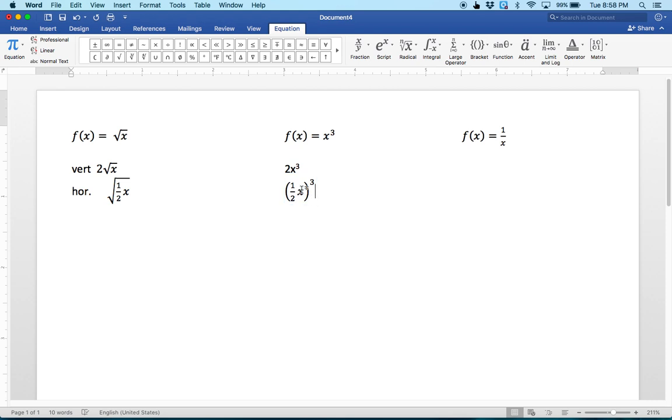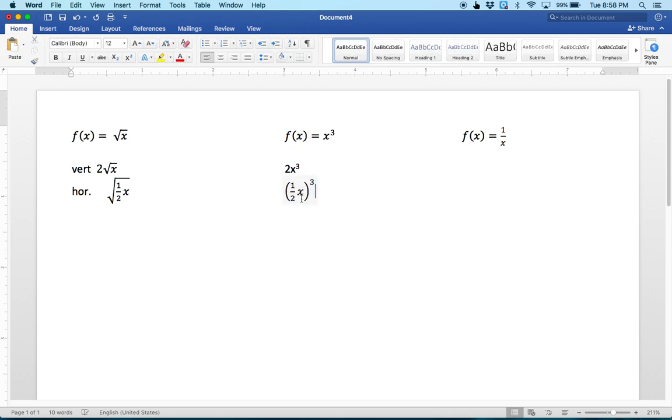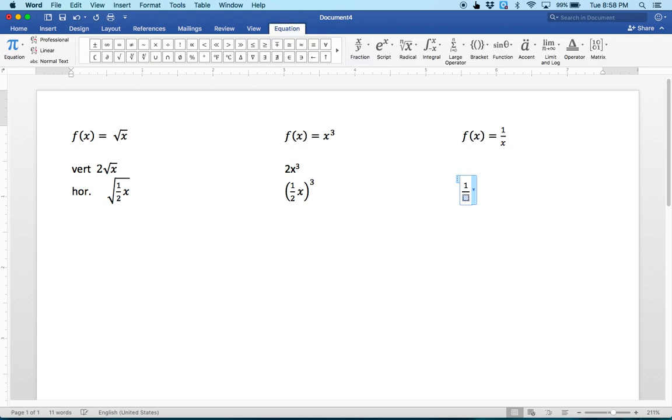So you can see what I mean, the horizontal stuff is happening inside parentheses, inside the square root. In the third example here, if it was horizontal, it would be happening where the x is here. So I would get 1/2 x.